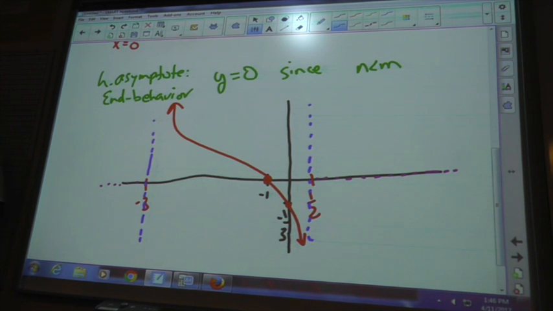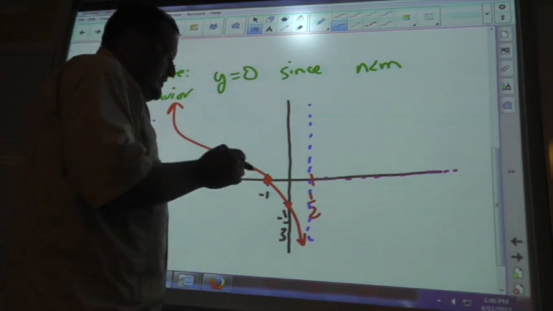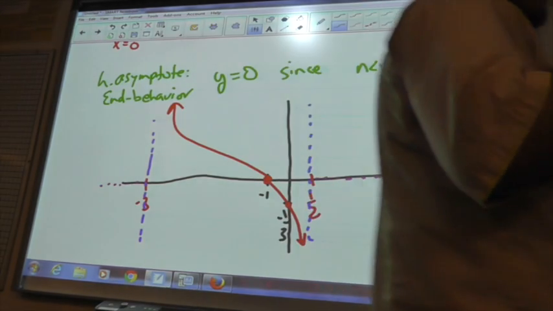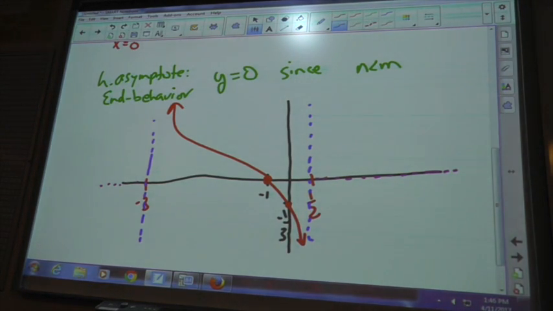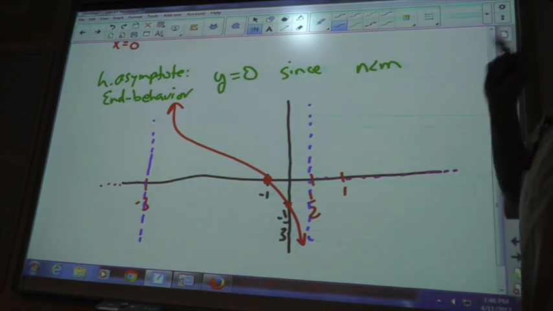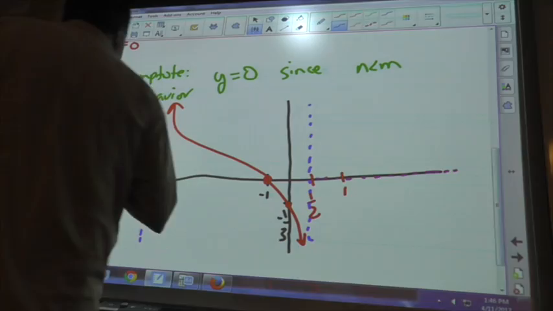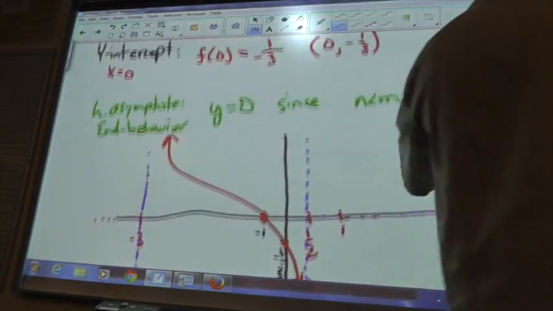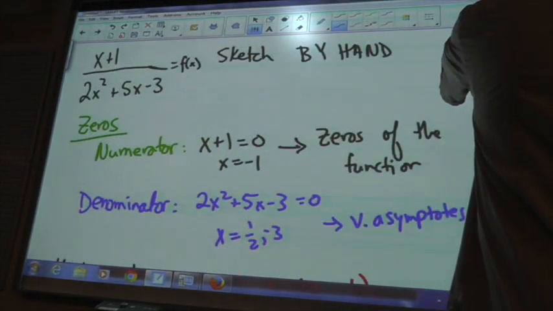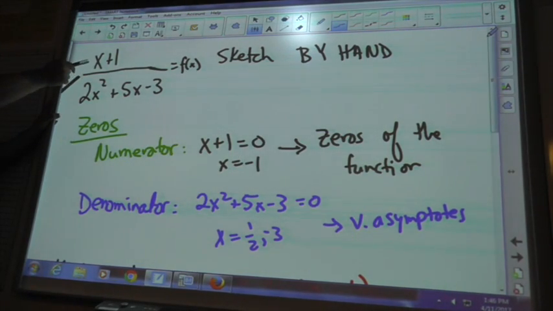Well, this is where you do a test point. This is where you do a simple test. So what's the next biggest nice number bigger than 1/2? 1, right? All you care about is positive or negative. Here's the 0. So I'm going to plug in 1 here. 1 plus 1 is 2.